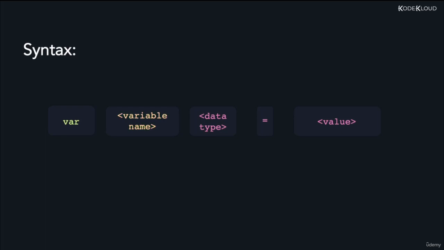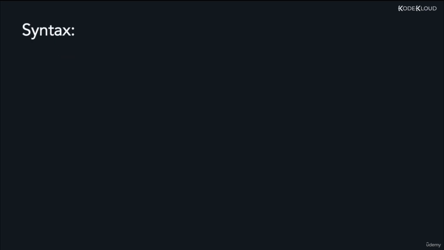Then we specify the variable name. Then, the data type of the variable. Following it is the assignment operator, which we also call equal to. It signifies that the variable should be assigned a value of whatever is to the right of equals to. And then we have the value or data that we want to store.